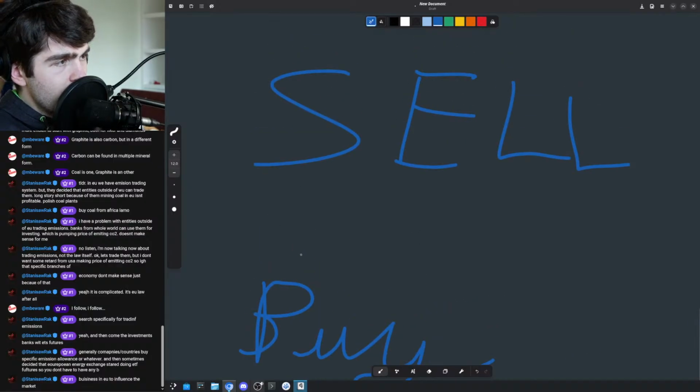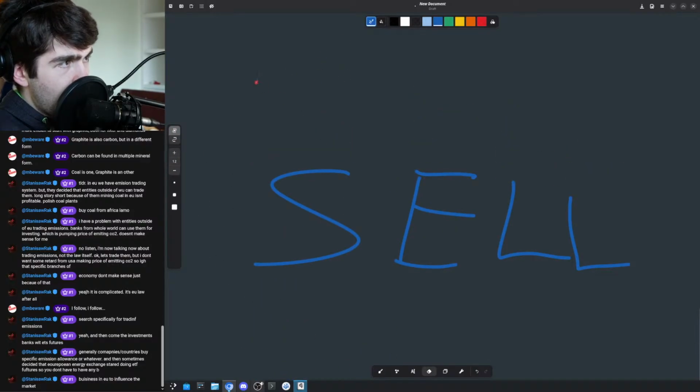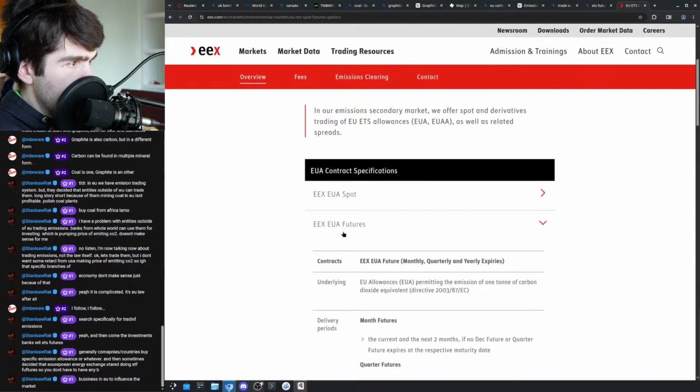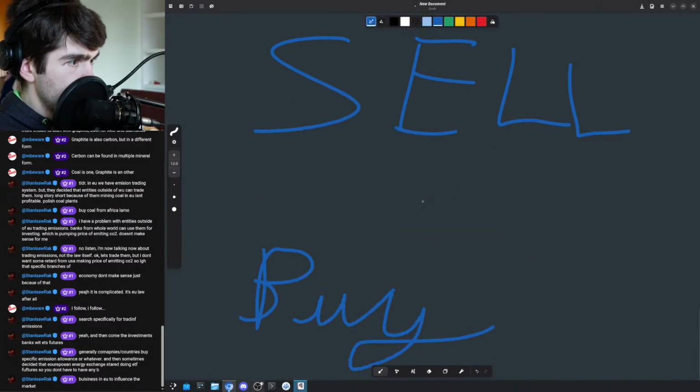Both of them agree that at the end of this transaction, there is no underlying emission permit that is going to be issued. None of that will happen.